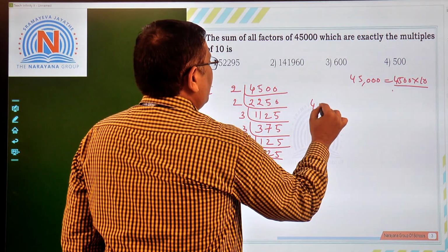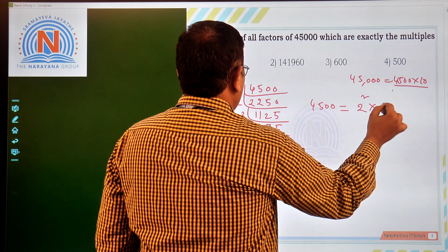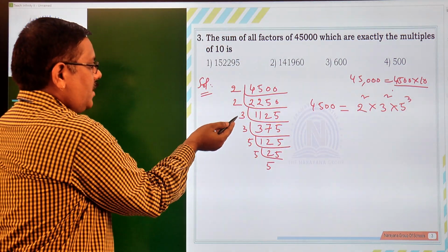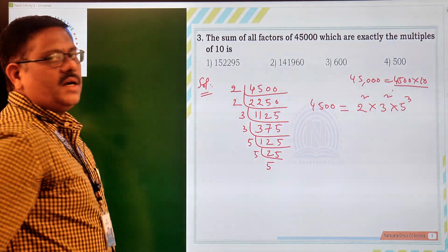Now 4,500 we write as 2 squared into 3 squared into 5 cubed, because 2 into 2 is 2 squared, 3 into 3 is 3 squared, 5 into 5 into 5 is 5 cubed. So 4,500 we can write as that.